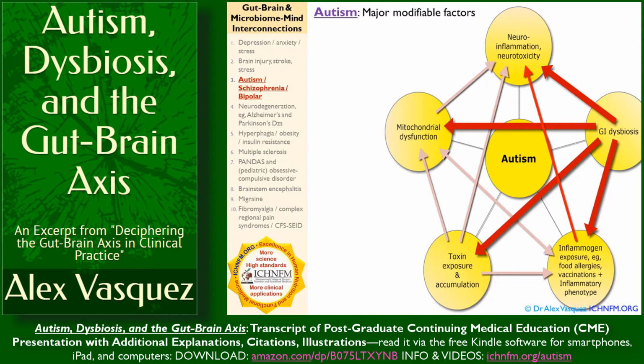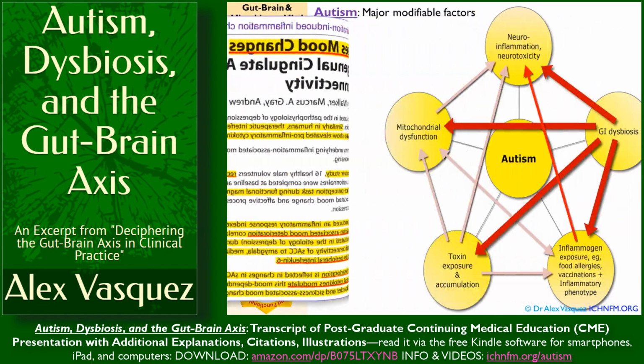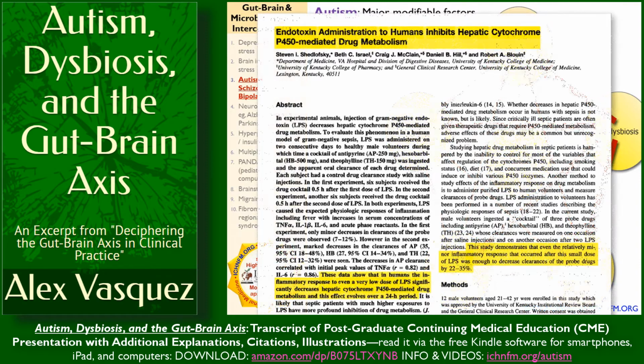We also see a role here for vaccinations, which are known to cause neuroinflammation, and also the dysbiotic induction of a pro-inflammatory immunophenotype. Patients with autism also show evidence of toxin exposure and accumulation, and at least part of that can be attributed back to gastrointestinal dysbiosis through the mechanism that I showed you previously, specifically that gastrointestinal dysbiosis leads to elaboration of excess endotoxin, and that endotoxin inhibits the cytochrome P450 detoxification pathway.